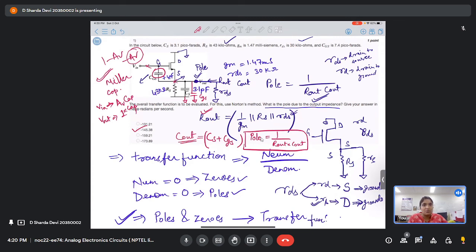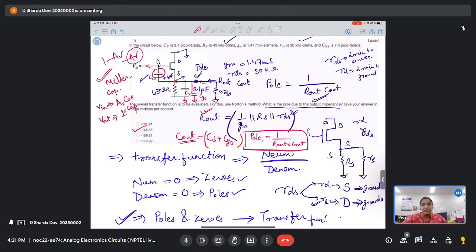It is 1 by GM plus GD, or close to 1 by GM. And when it is a diode configuration, the impedance you see is 1 by GM plus GD. So we have already simplified and analyzed those, and keeping those in mind and using our previous analysis, we are trying to simply find the transfer function. That is what we are doing here.